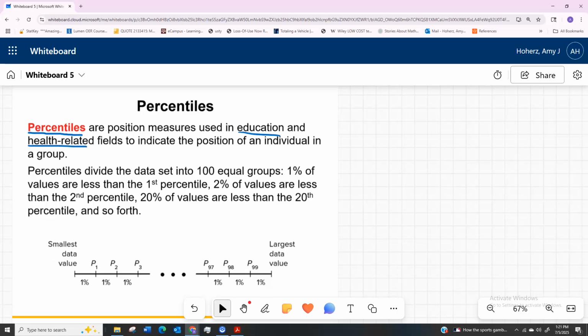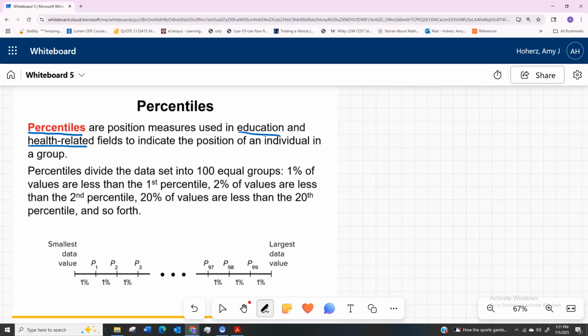So if you've ever gotten your standardized test scores back, which we'll talk about what standardizing is, what does standard mean, a percentile is often given as one of the measurements for your test scores when you take your standardized test in school. So for example, the STAR tests or the Iowa Test of Basic Skills, or even like your SAT or ACT scores. And those are often given to you as a percentile.